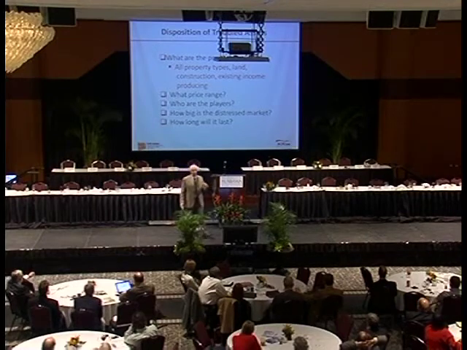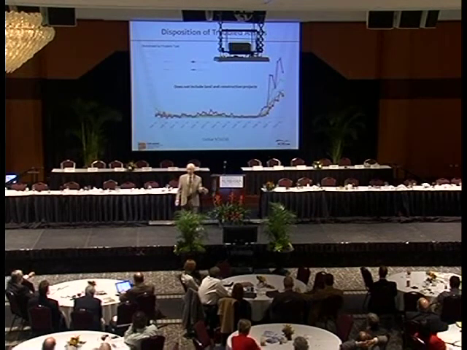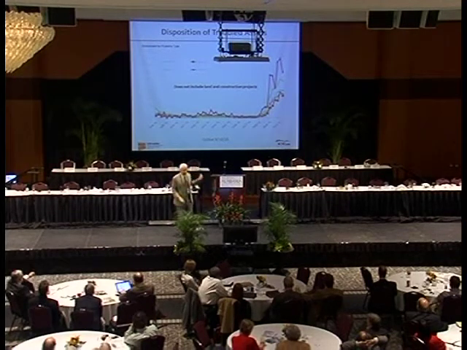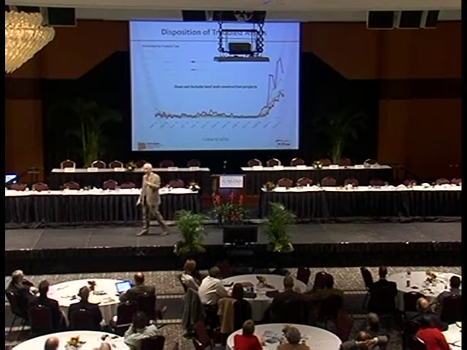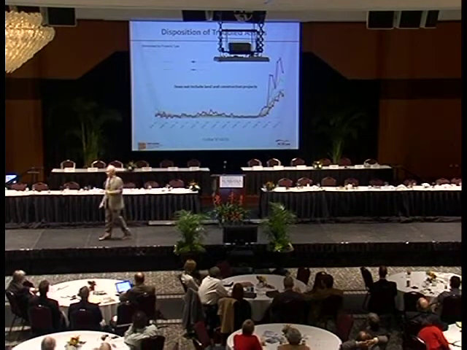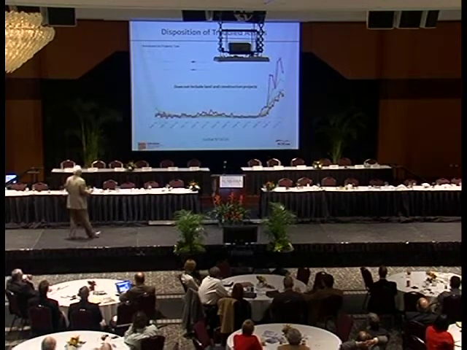What are the property types in the distressed asset market? Well, the fact of the matter is, it's all property types. This chart represents the percentage of the marketplace that is being represented by distressed asset sales.